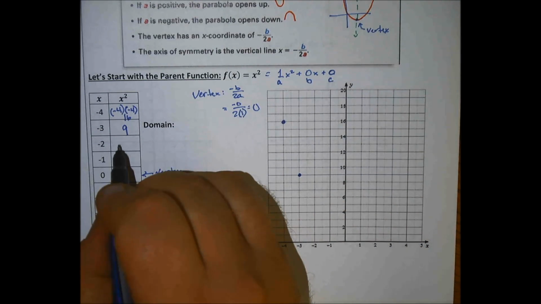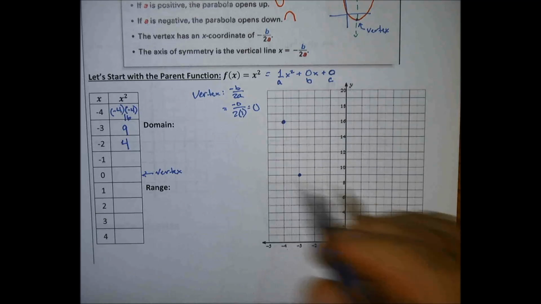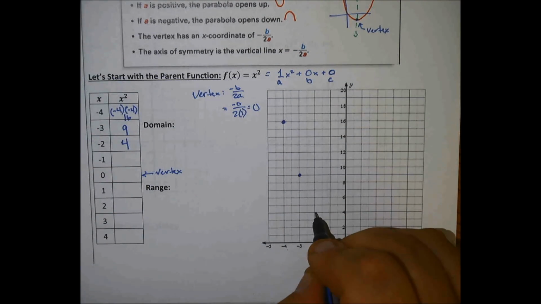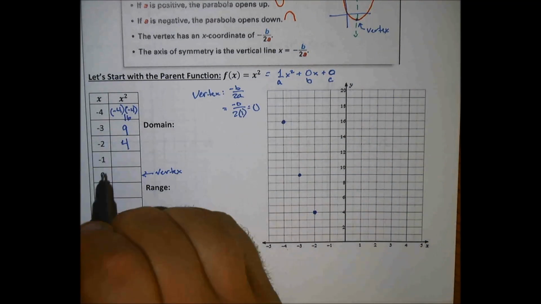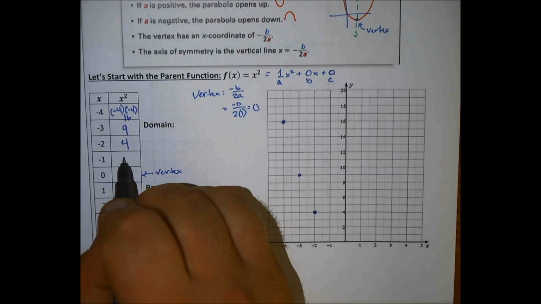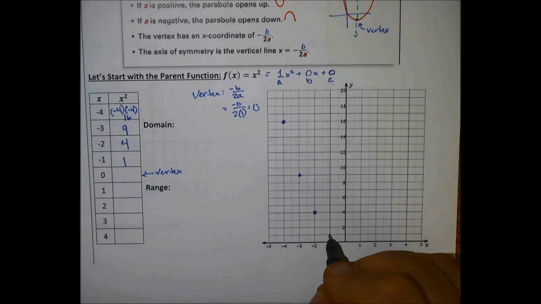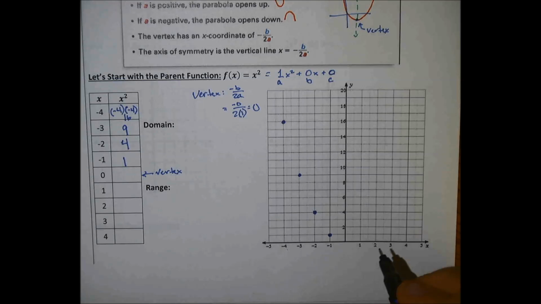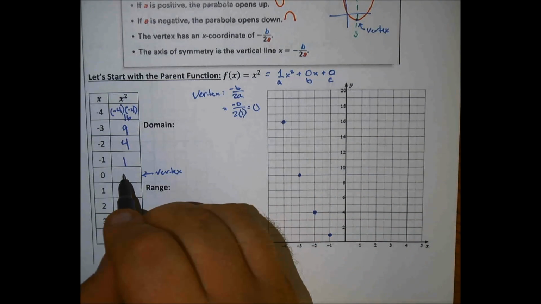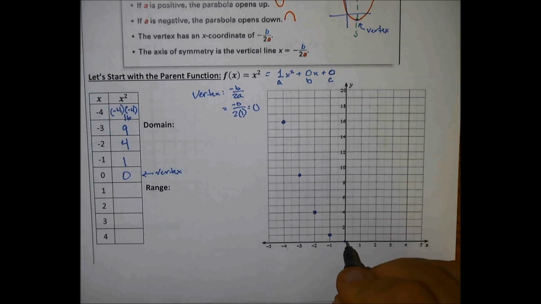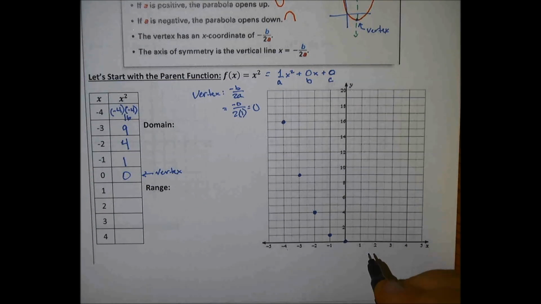At negative 2, negative 2 times negative 2 is 4, so we get 4. Negative 1 times negative 1 is positive 1, so we get that point right there. And at 0, 0 times 0 is 0, and so we get that point right there.